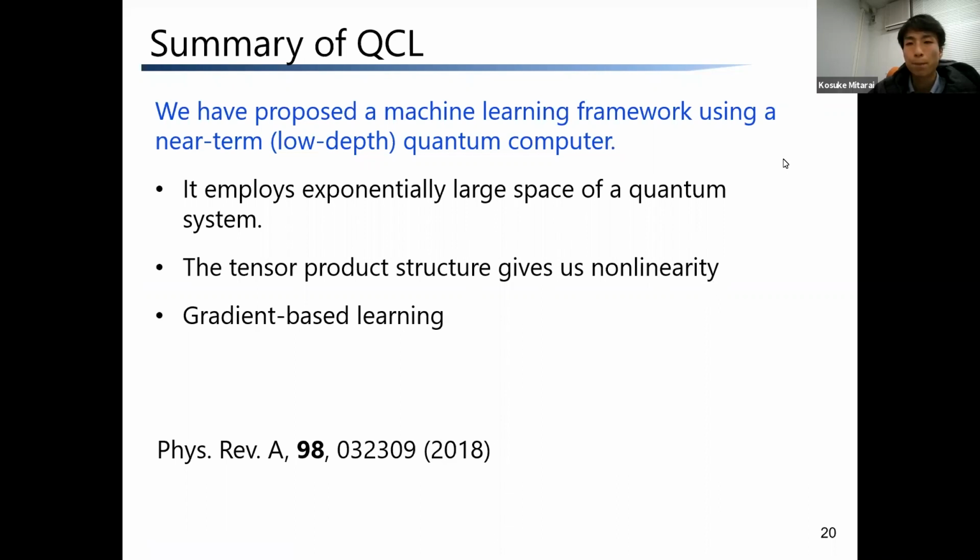We also propose gradient-based learning for variational quantum algorithms in general, maybe. Are there any questions to this point? Are there any questions from the audience?